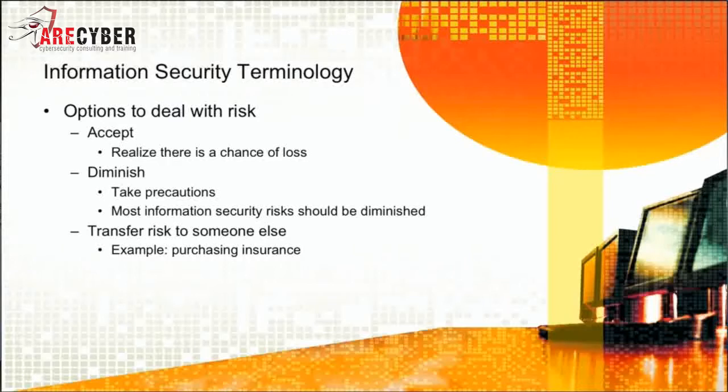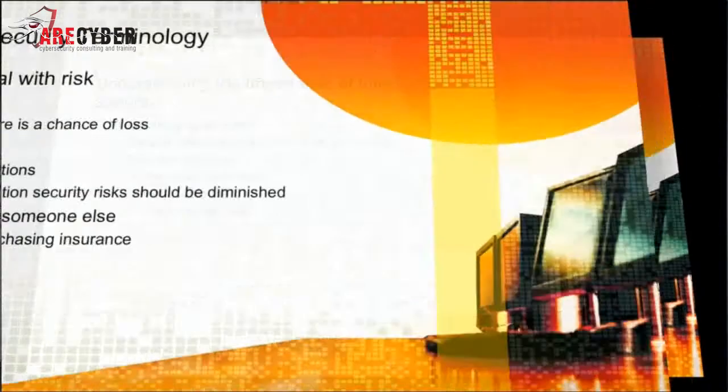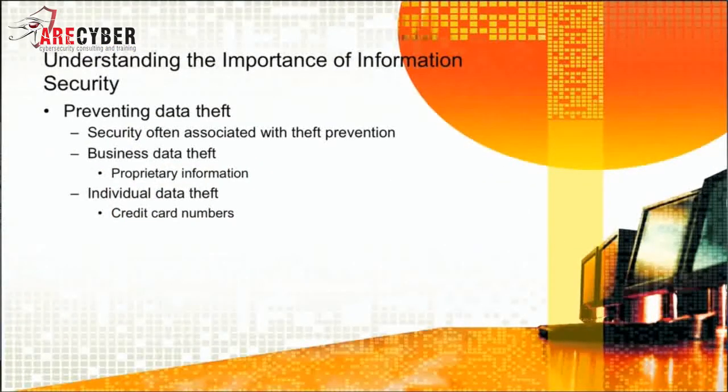We can try to diminish the risk, take some simple precautions and sometimes not so simple precautions to protect the asset, transfer the risk to someone else, for instance, getting insurance. You can call Nationwide or Geico or Allstate, or we can work in prevention.